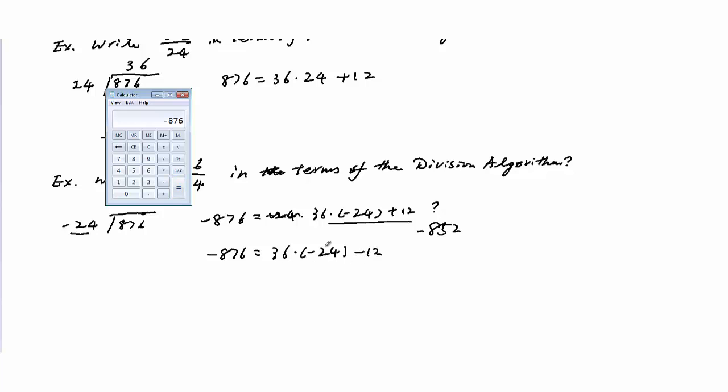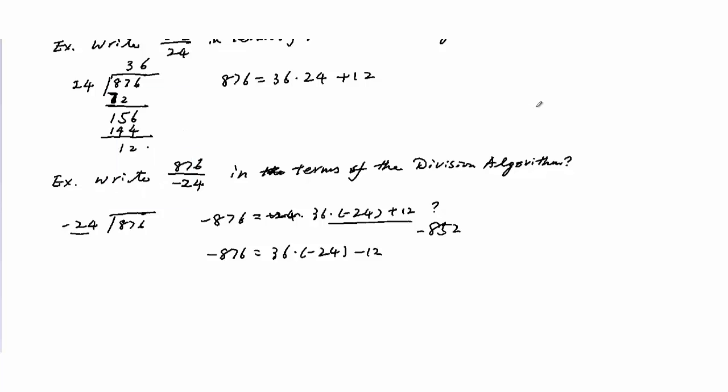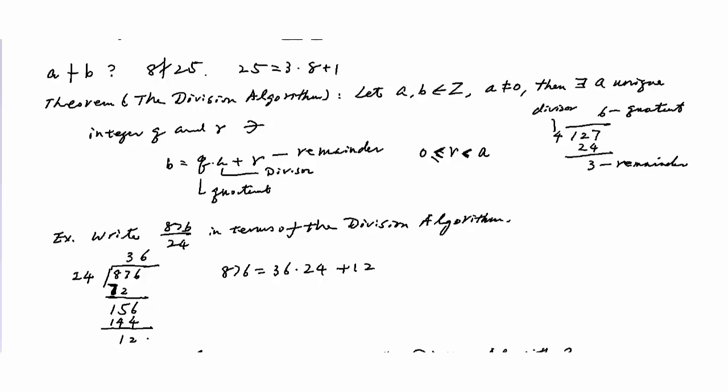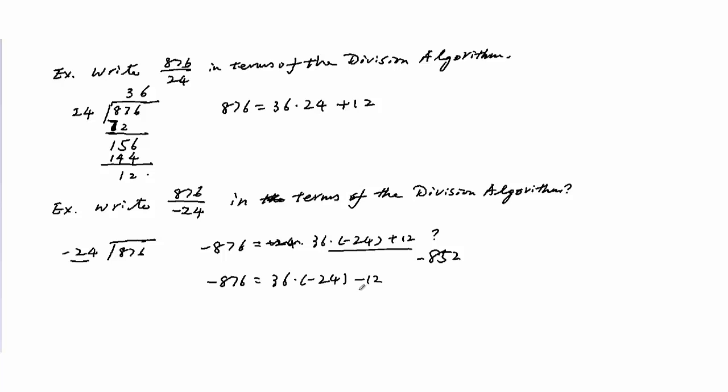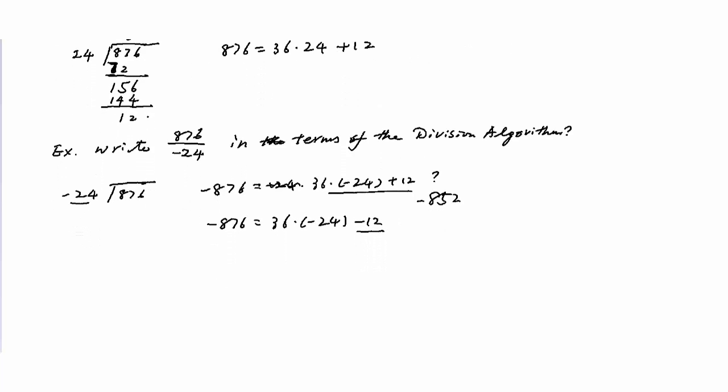So mathematically, this is correct. However, the division algorithm requires that the remainder is greater than or equal to 0. But your remainder now, you wrote it, is negative 12. So this is not correct.